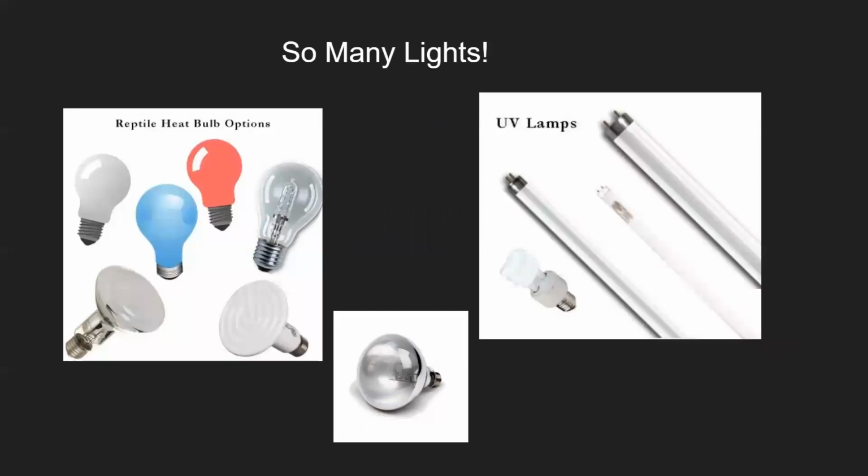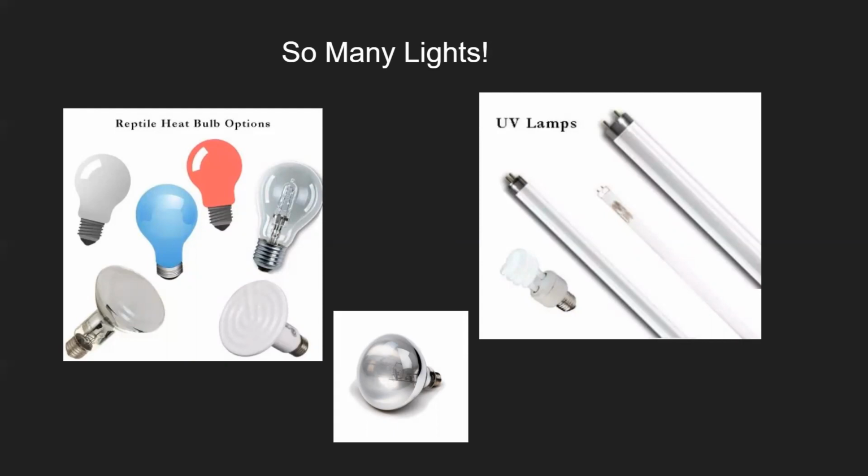Moving on. All right, lights, lights, lights. There are a lot of reptiles in our collection, and lights are incredibly important for their overall welfare. So we have everything from your standard heat bulb, UVA, UVC, full spectrum, tube lights, coil lights, heat emitting ceramic lights.